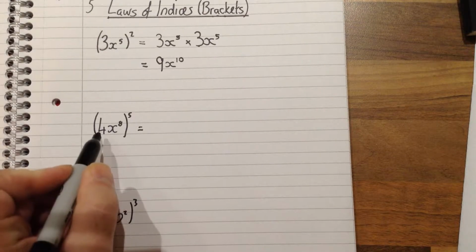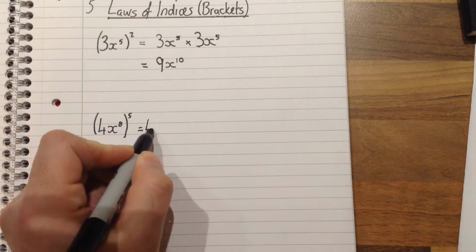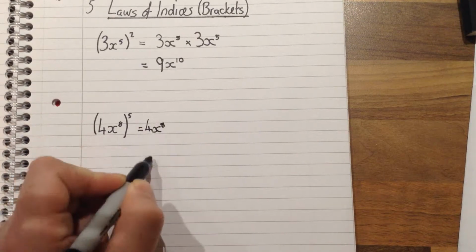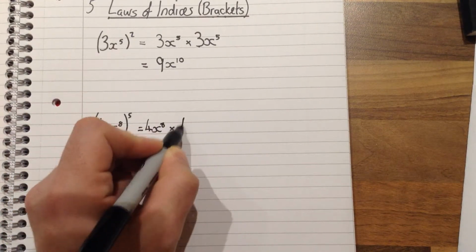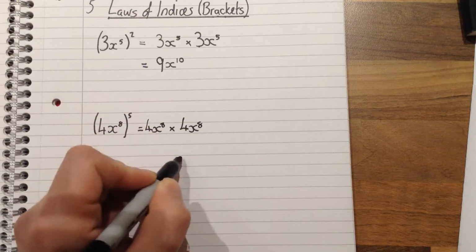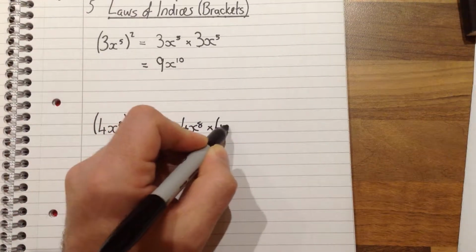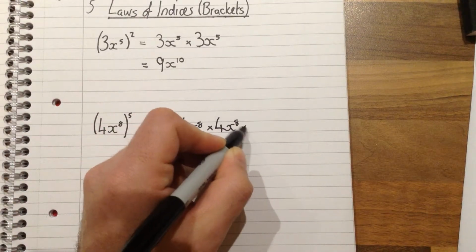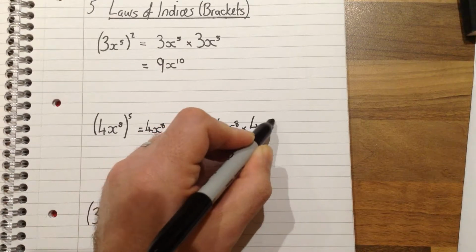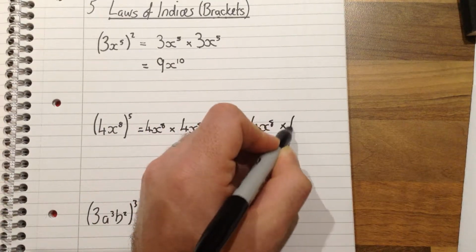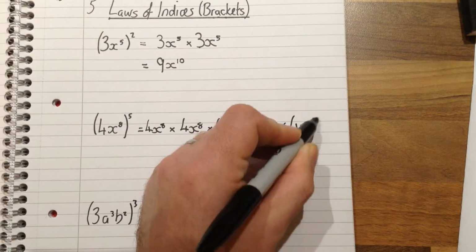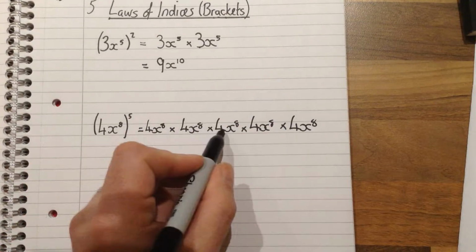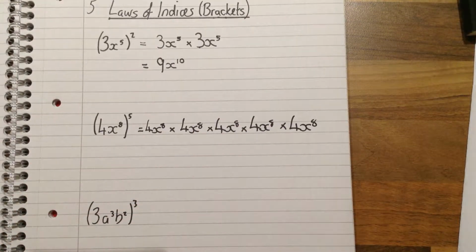So this simply means that we are going to do 4x to the power of 8 times by 4x to the power of 8. We're going to do this so that we've got the same thing, this 4x to the power of 8, 5 times, because that's what the power of 5 means. So we've now got 1, 2, 3, 4, 5.